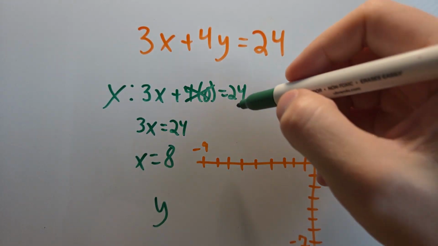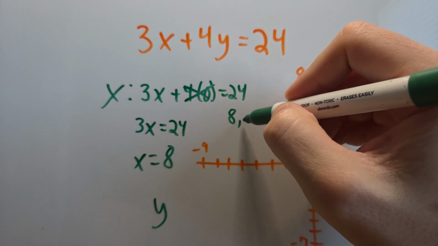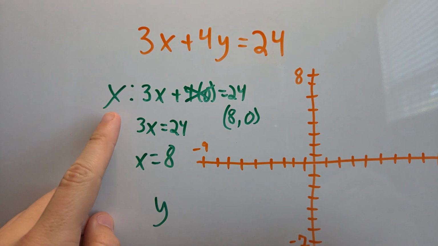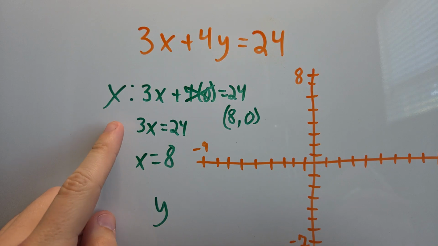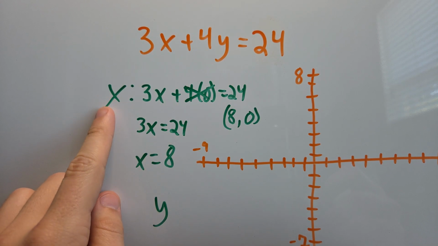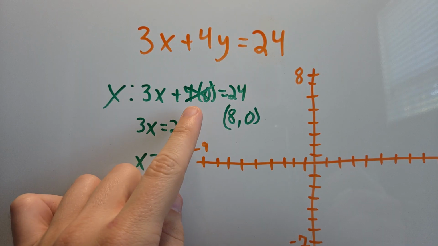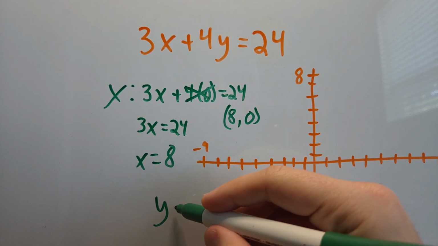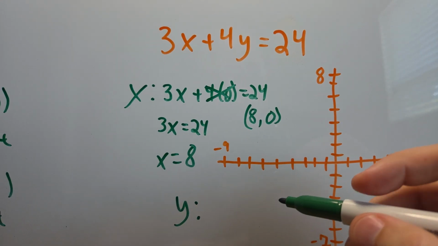So my x-intercept is 8, 0. Whatever intercept you're trying to find, you're going to plug 0 in for the opposing variable. So if you're finding an x-intercept, plug 0 in for y, and if you're finding a y-intercept, plug 0 in for x.